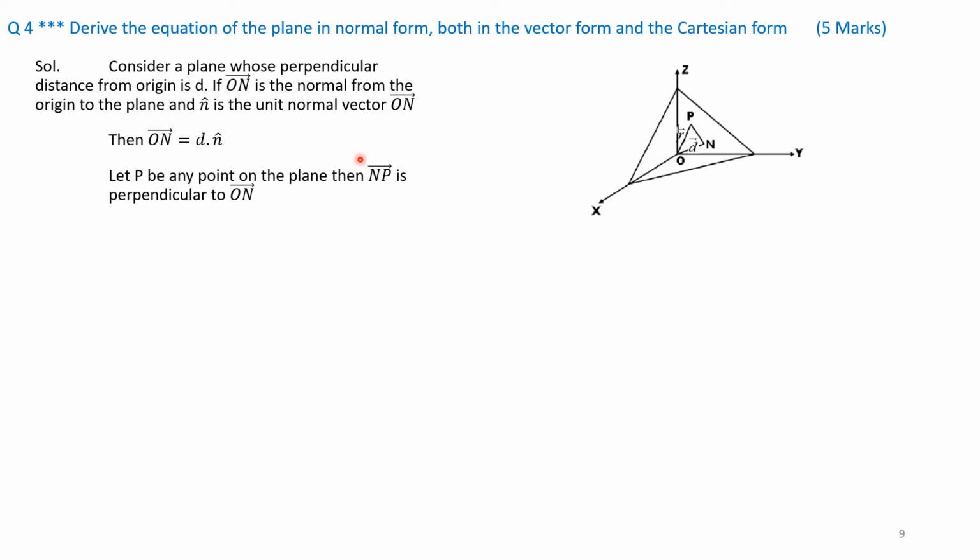Then let P be any point on the plane, then NP is perpendicular to ON. OP is the vector R. Therefore, NP dot ON is equal to 0.